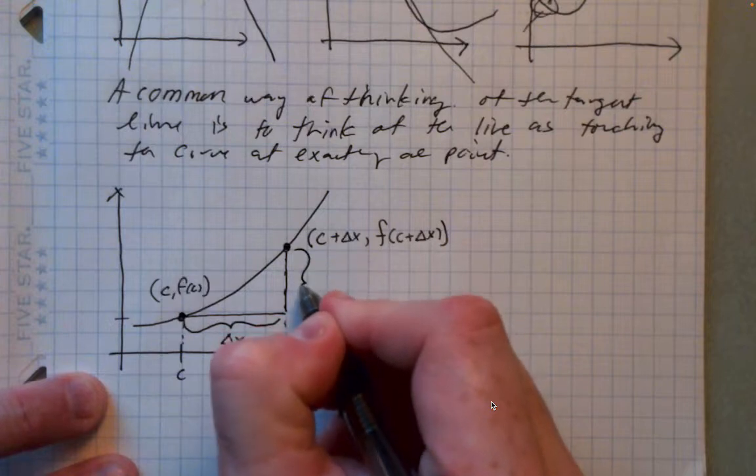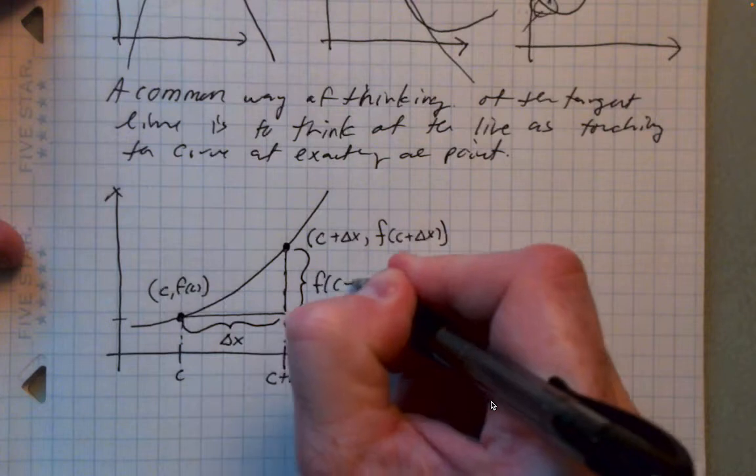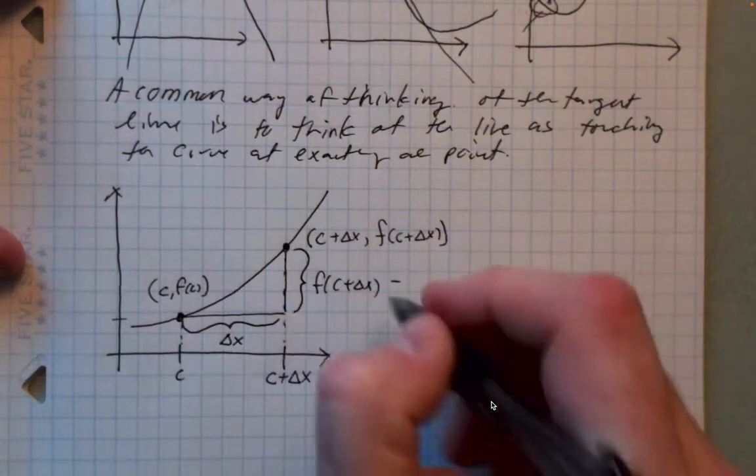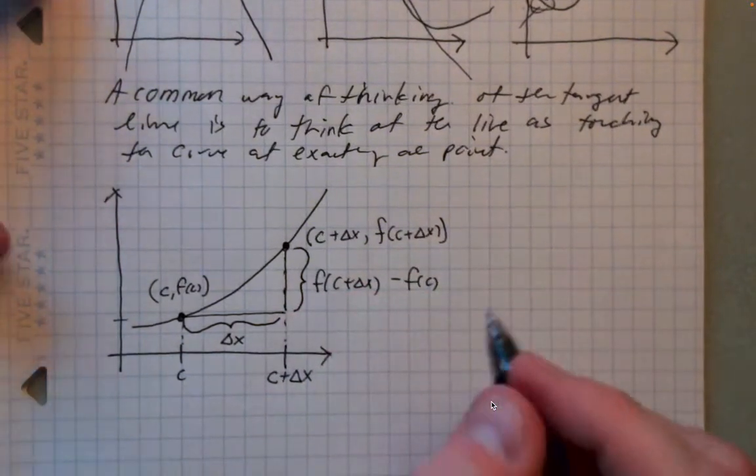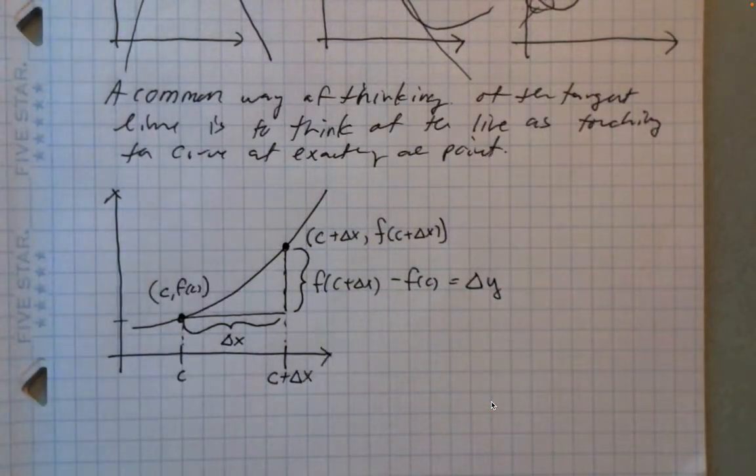And then this is going to be whatever f of C plus delta x is minus f of C, and this is your delta y, your change in y.